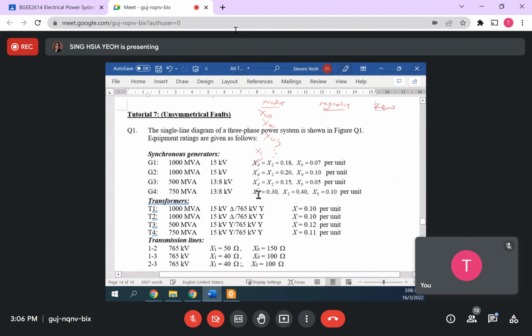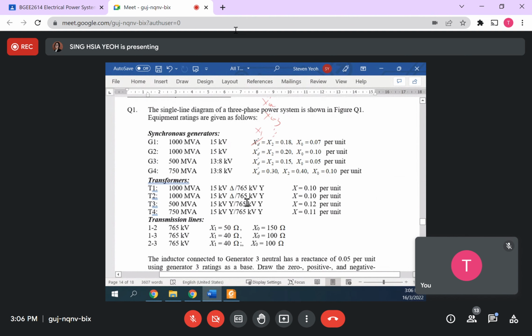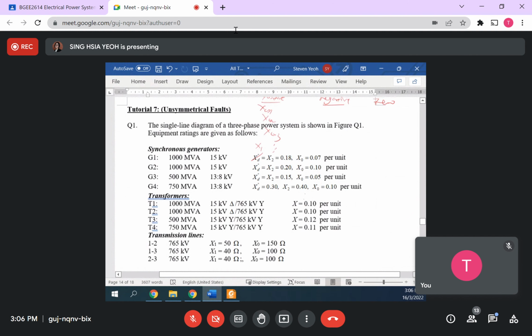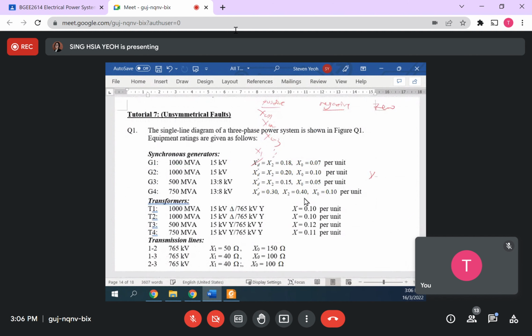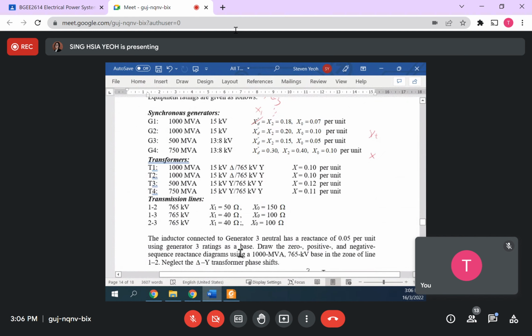Given G1, G2, G3, if X1 and X2 are the same, right? Then you can put the positive and negative sequence together. Do you get what I mean? Then the transformer values are the same. That means you can do another set for X transformer and X transmission line also. I think something is wrong somewhere here.